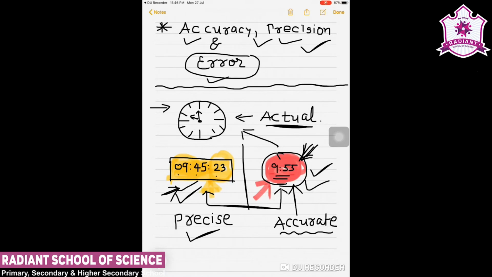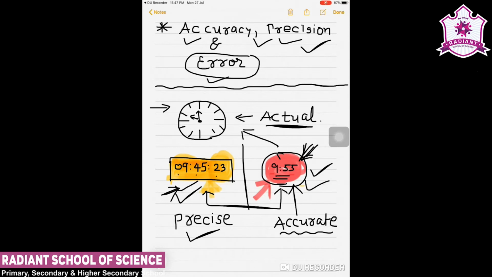So here in this case the quantity is measured in seconds also, which was not available over here. Here second information is not there, here only hour and minute, but here hour, minute and second. So this is more precise because it has more limit, and here it is more accuracy.